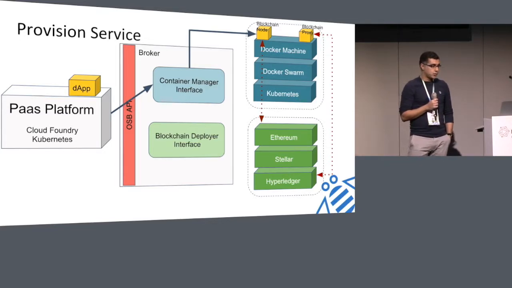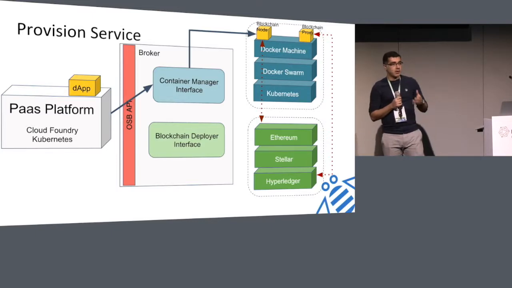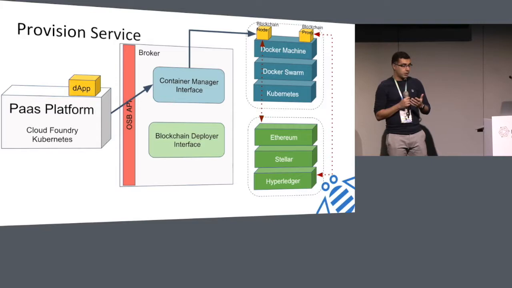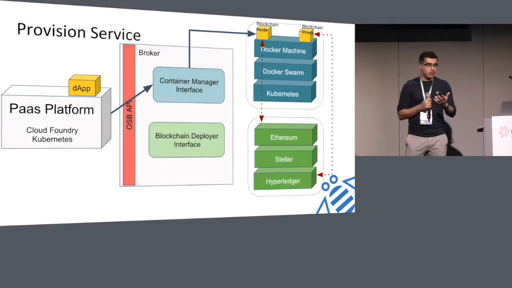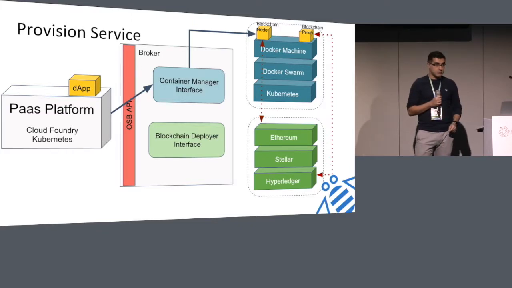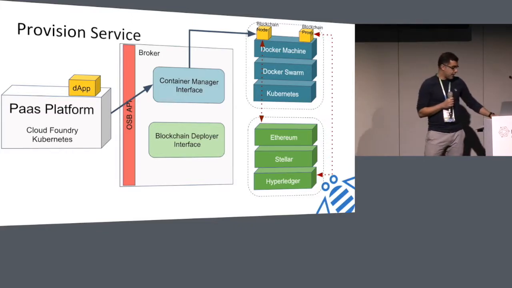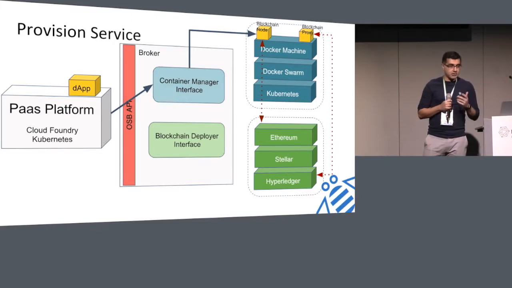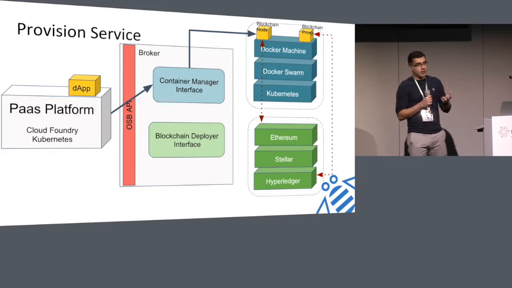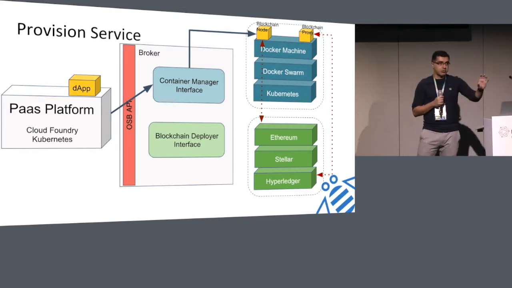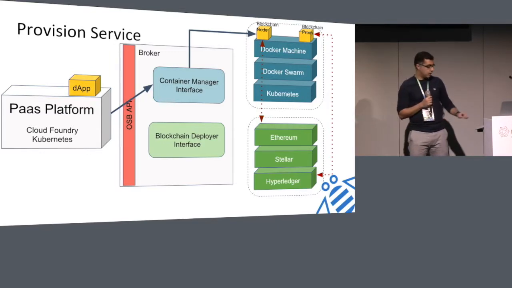If it's a public blockchain network like Ethereum, it brings up a Geth node. The Geth node gets connected to the rest of the Ethereum network, and the address for that node is then provided back to the platform that the application runs on. If it's Hyperledger Fabric, for example, then the broker brings up a proxy or a gateway to the network, which provides authentication and authorization for the users. Again, the information gets relayed back to the platform.